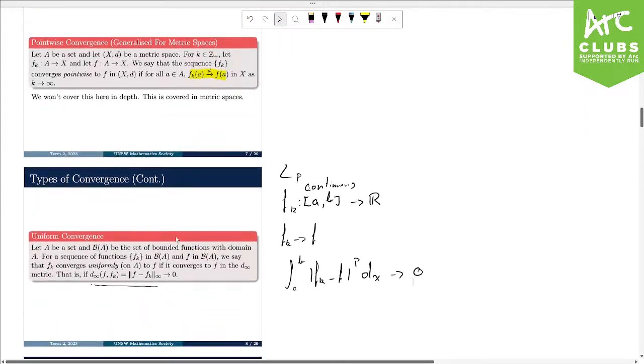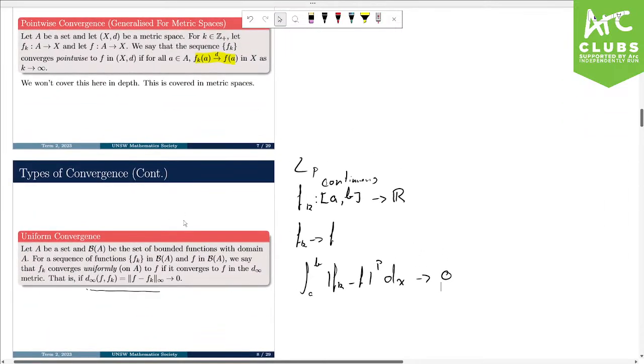Okay, and one more thing before we do the example is the relationship between the norms. So uniform convergence implies pointwise, and this also implies convergence in LP.